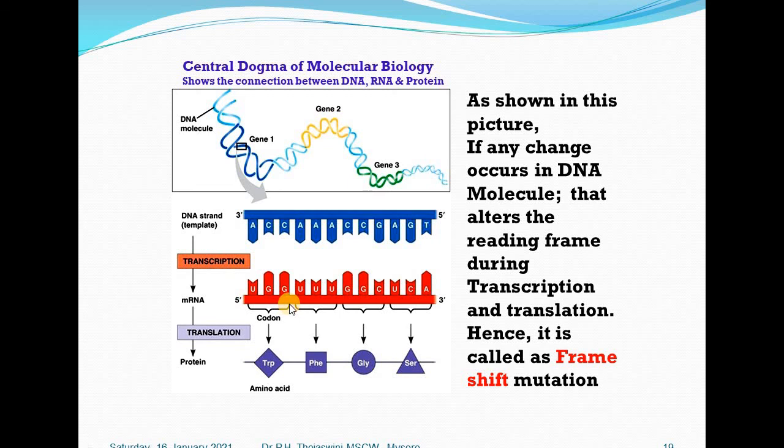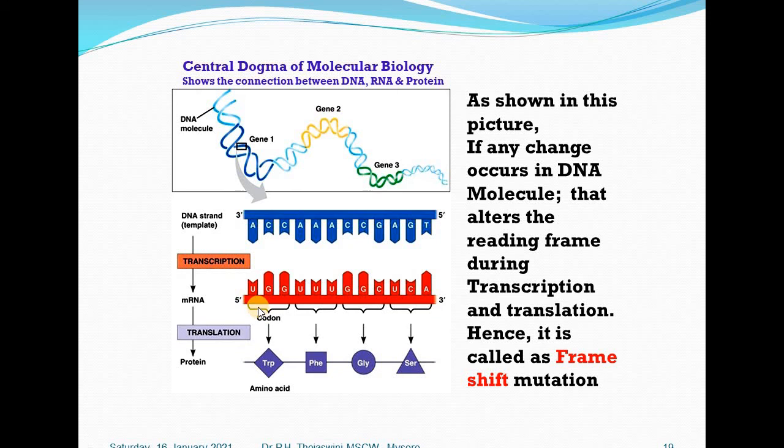which is present here in the form of three letters, called codons, into a protein, like GUG is a codon which codes for tryptophan. Likewise, UUU is a codon which codes for phenylalanine. GGC codes for glycine. So in this way, the reading frame of the mRNA will take place in a subsequent phase of three nucleotides at a stretch.